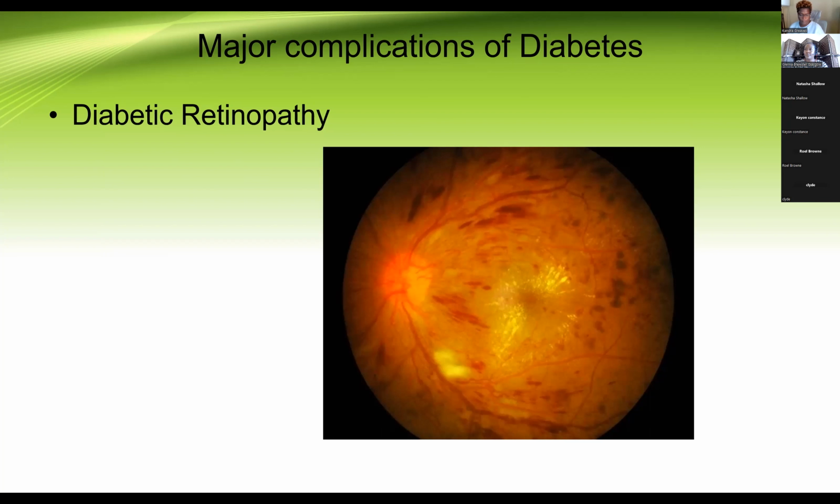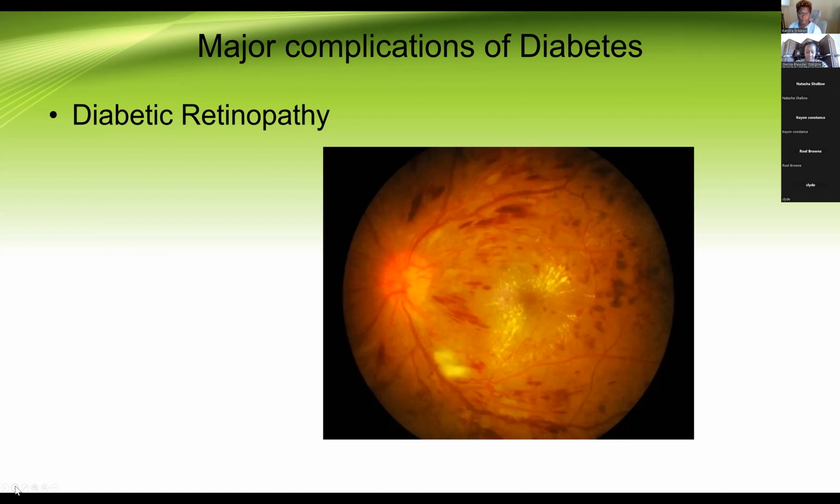Now, what happens when the blood sugar gets elevated? It can cause damage to the veins and arteries in that area, and constantly high blood sugars can lead to damage or swelling, which can eventually cause these blood vessels to burst, and then the blood would spill into the entire eye.